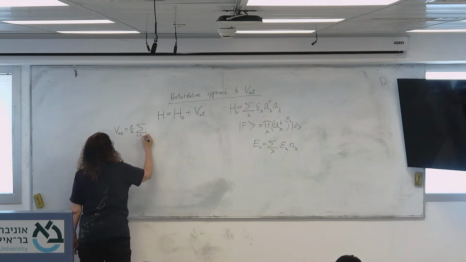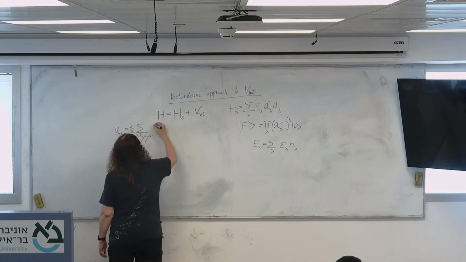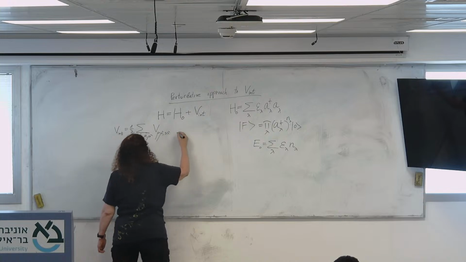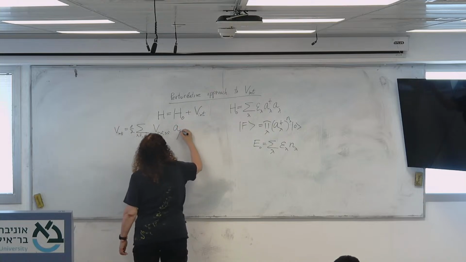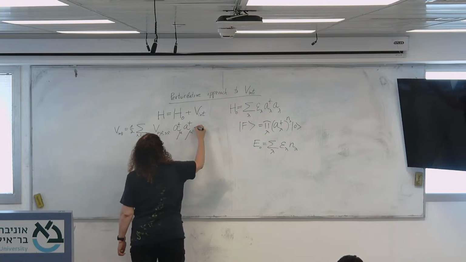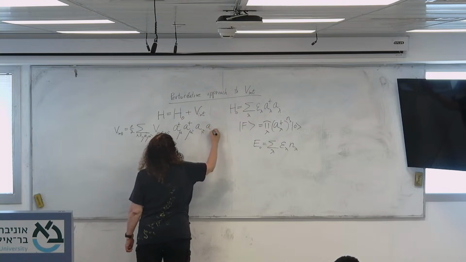So quite generally I have to sum over 4 indices, and I have matrix elements multiplied by 4 operators, 2 creation and 2 annihilation operators.